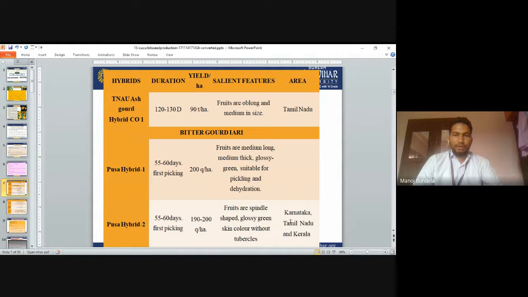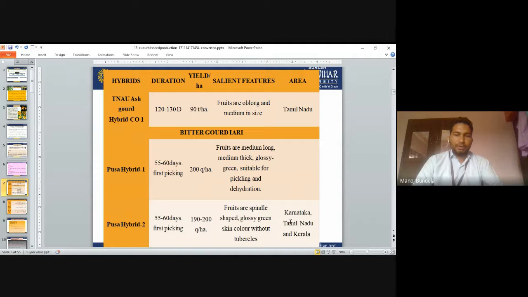The fruits are medium long, medium thick, glossy green, suitable for pickling and dehydration. Pusa Hybrid 2: harvesting is 55 to 60 days after sowing, and the yield is 190 to 200 quintal per hectare.